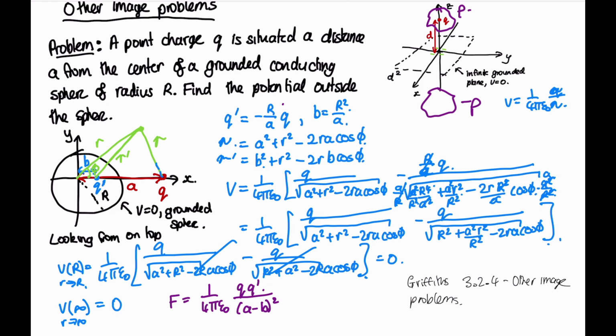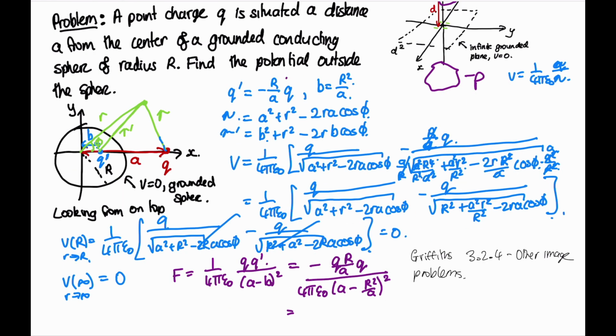So this is equal to minus q, and q dash is R on a, divided by 4 pi epsilon naught, a minus b, which is R squared on a, all squared. Okay, so let's simplify this. I think it'll be easier if we multiply both the top and the bottom by a squared.